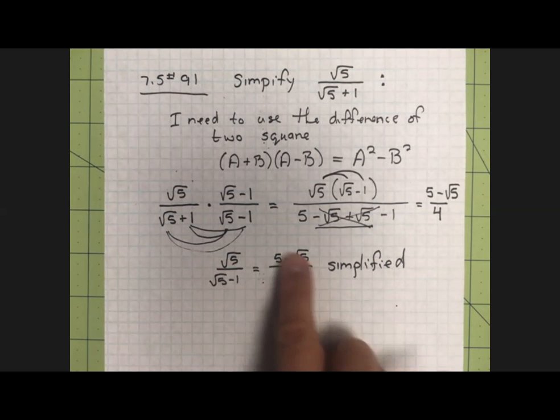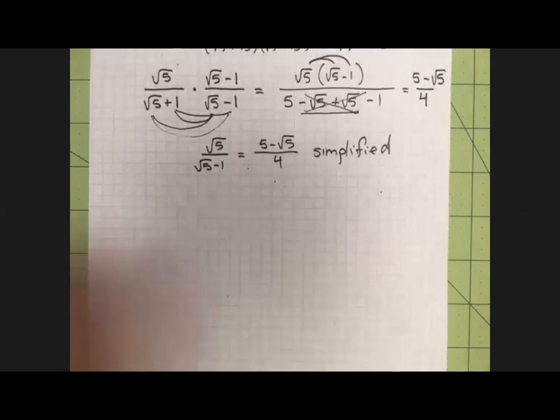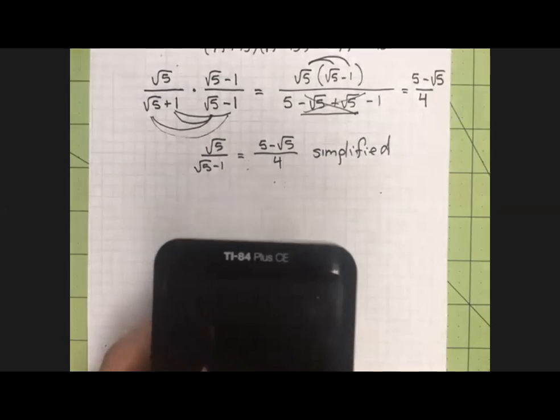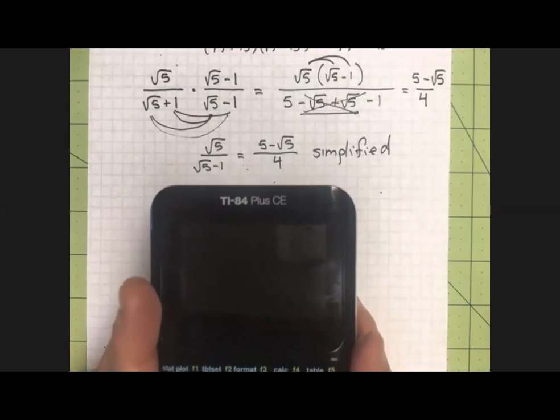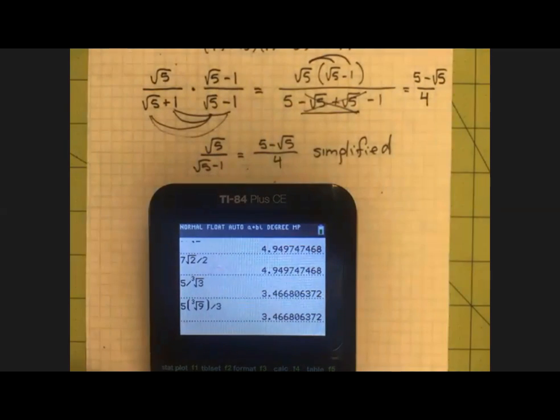You cannot say to me that the right side looks better than the left side, except that I've got no radical in the bottom. Are you sure those are the same? I'm curious. But I'm just playing with you, because we're going to see that they're the same.